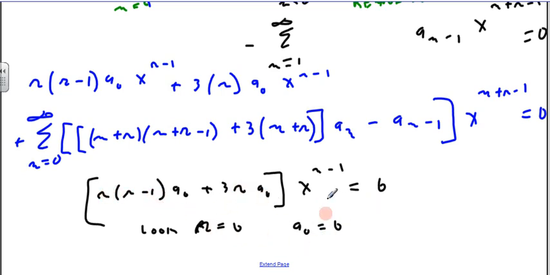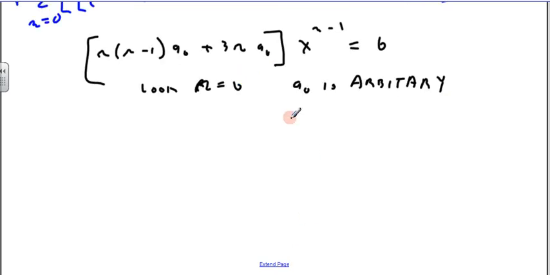So when r is 0, a 0 can be arbitrary. So that's good. a0 is going to be arbitrary. a1 is also going to be arbitrary. I don't have any initial condition.